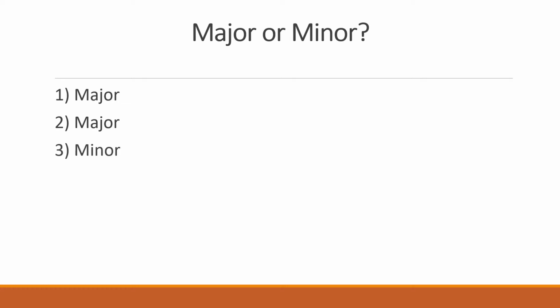So far we've got major, minor, minor. Ignore that major, it must have been a typo. Number 4. Here we go. Major. And then our last one. Minor. So well done.